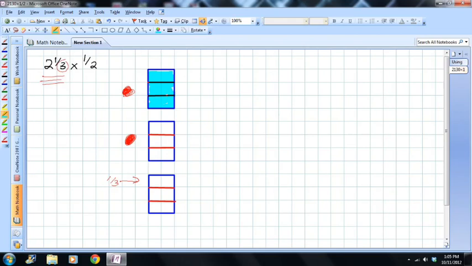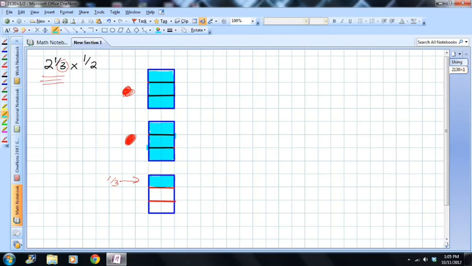We're going to shade the second rectangle completely, and we're going to shade 1/3 of our last rectangle. So for now, I'm finished with the 2 1/3.